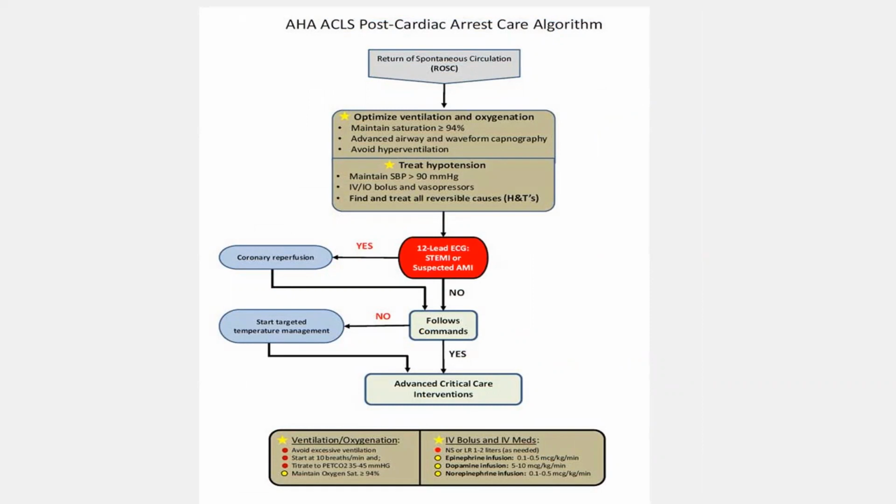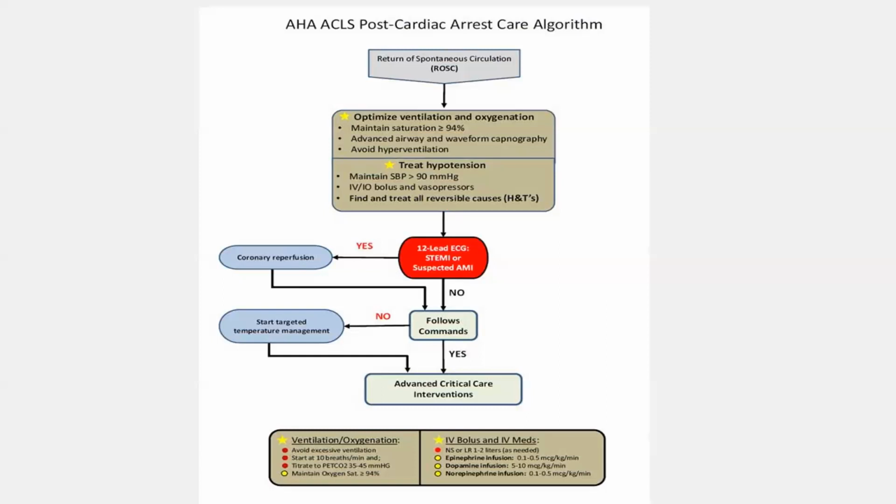So what are the important items that are included in the post-arrest algorithm? Well, it includes optimizing ventilation and oxygenation, which means to say that we have to target the saturation to be maintained at around 94%.